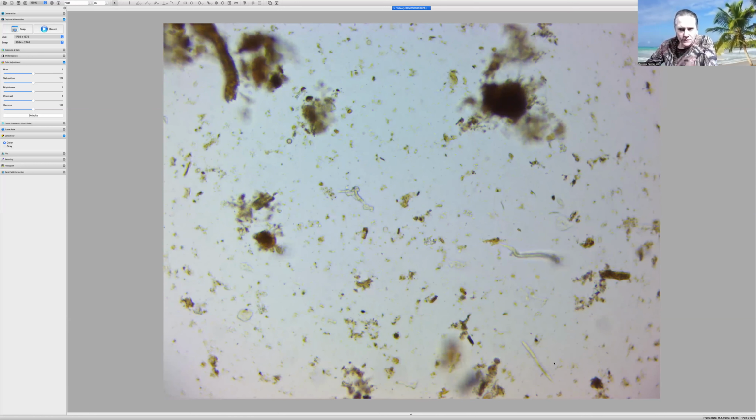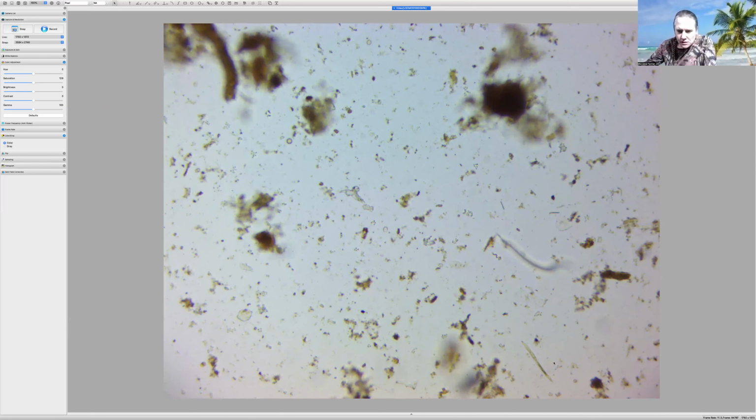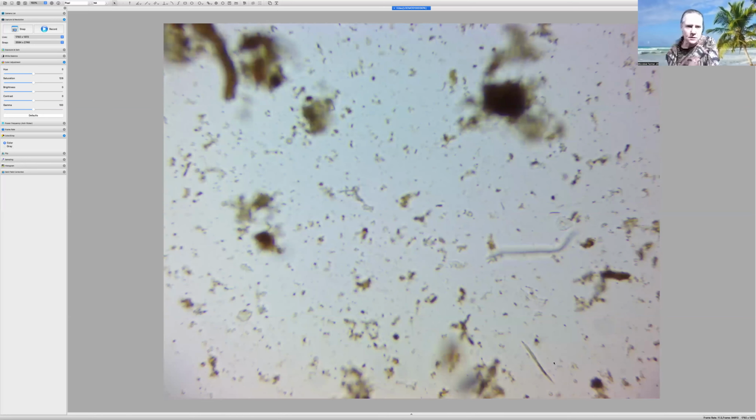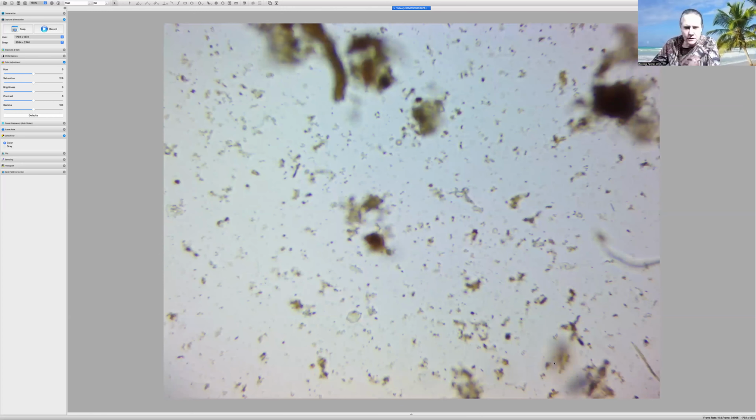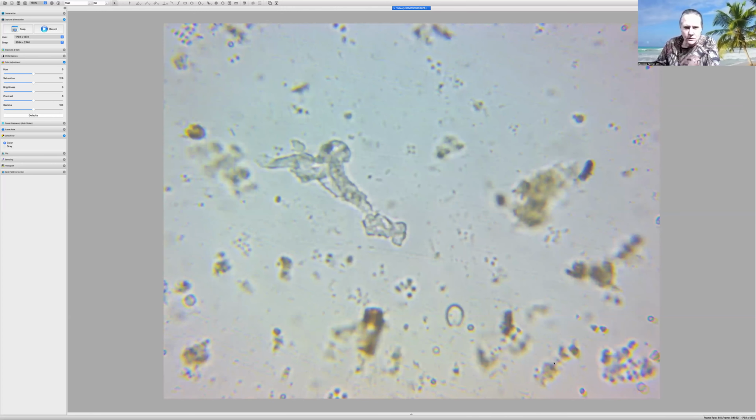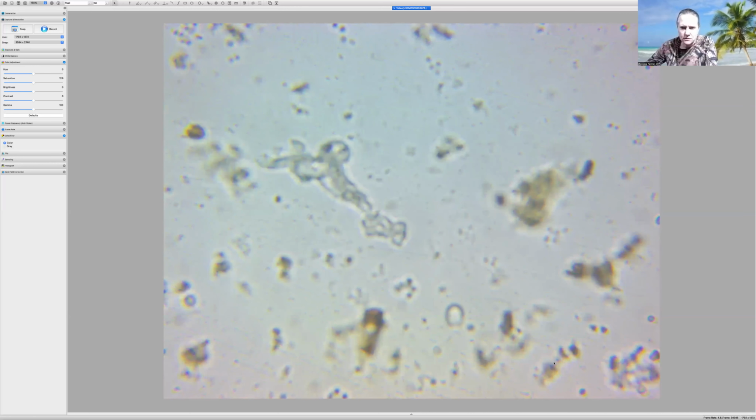For some reason, all of a sudden our ciliates just cropped up. So anyway, this nematode here, and we'll go ahead and zoom in a little further and see what we can find flagellate wise. So this here, let me get you in focus.